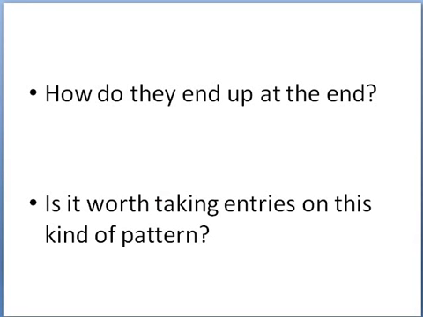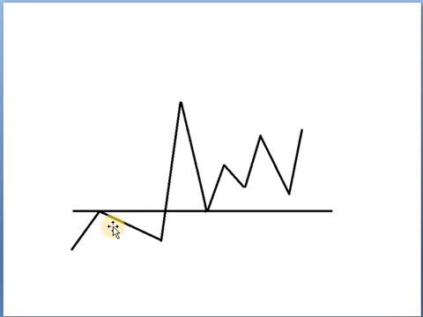When we do not get a valid ABC trading pattern, or we do not get a valid break to produce one, we should know how they end up, or whether it is worth taking entries on this kind of pattern. In my opinion, it is not worth taking entries, because they end up like this.